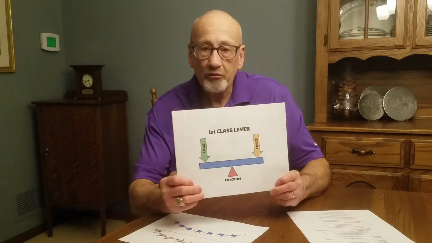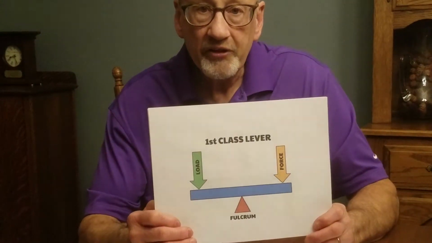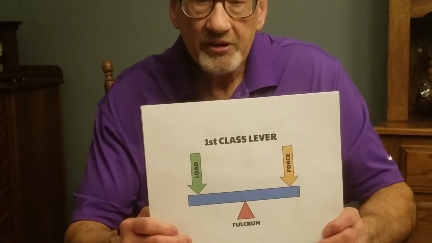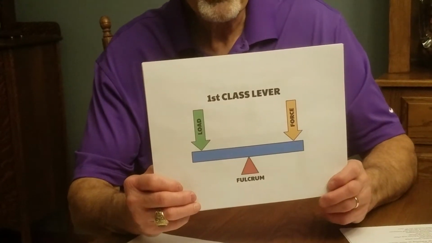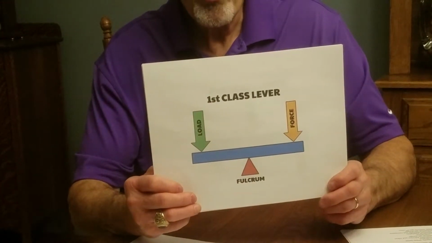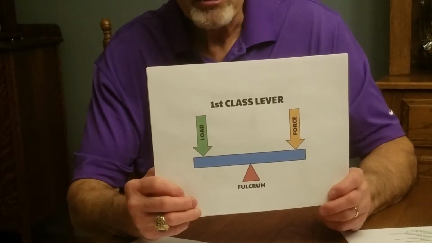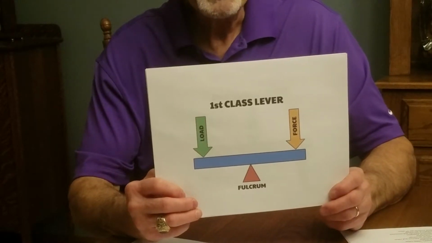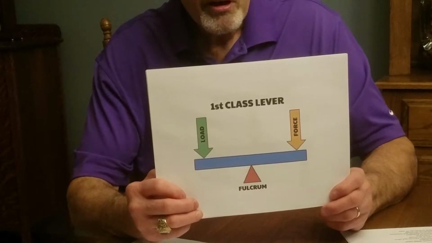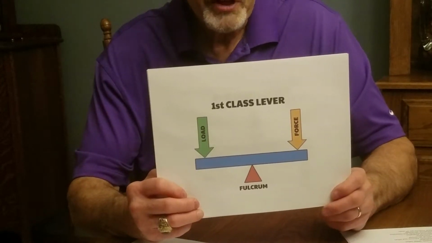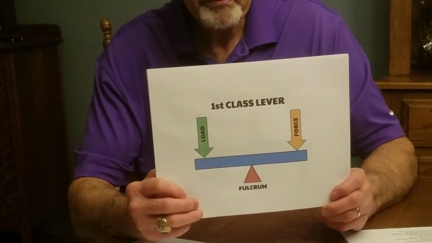First class lever has the fulcrum between the effort and the resistance. Now this would be like if you were to take a board and you were to try to pry a rock out of the ground. It could be a teeter-totter. A pair of scissors is an example of a first class lever.